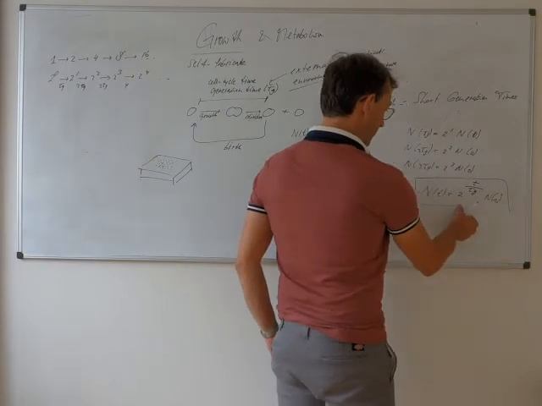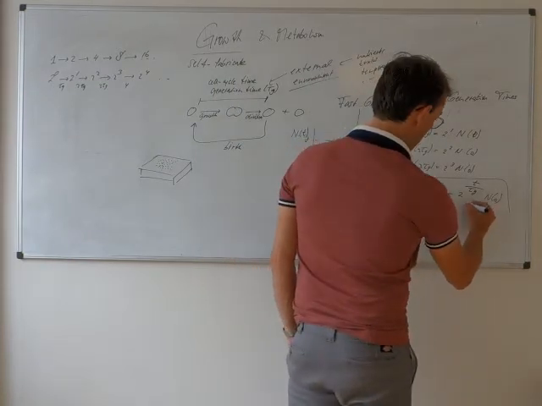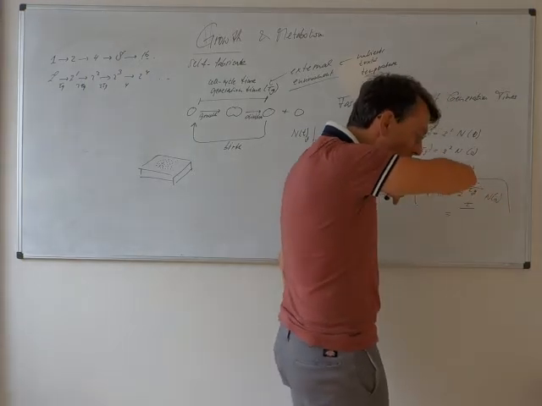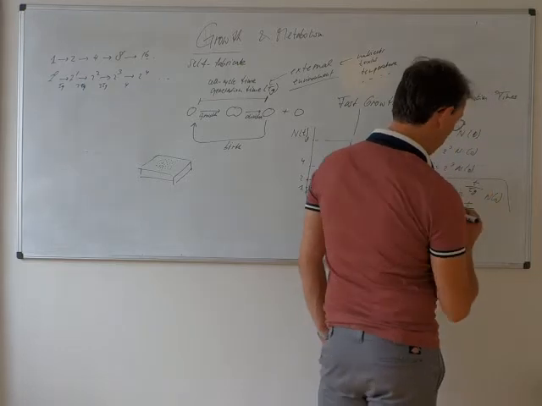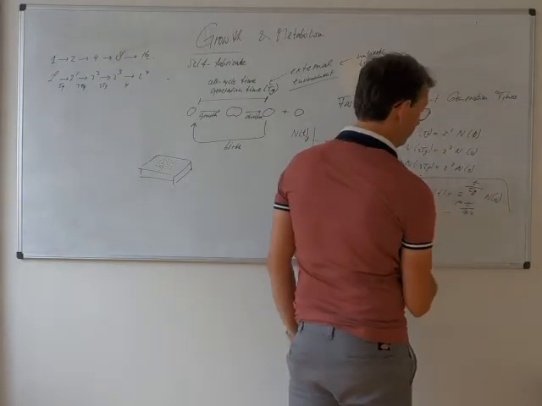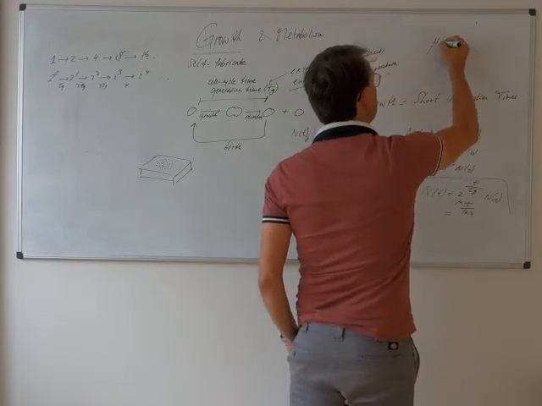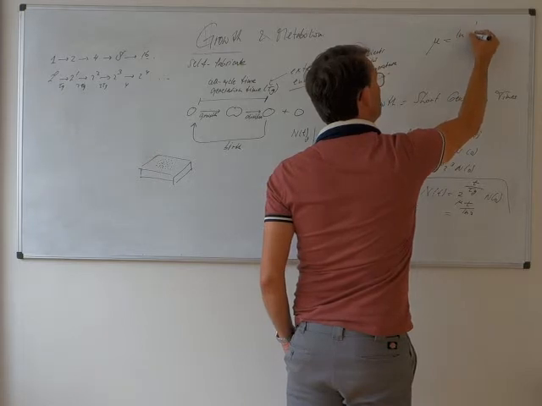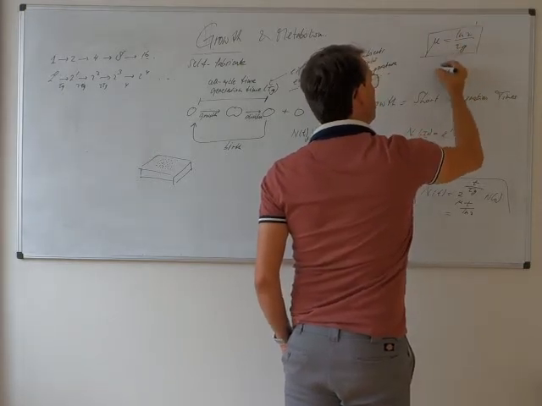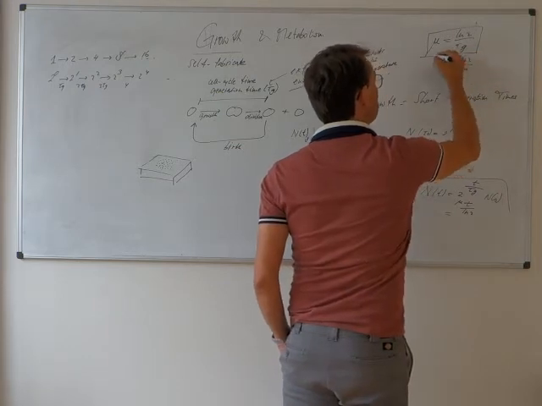Now, if you remember your mathematics, if we define the growth rate, so let's say we define the growth rate mu as ln2 divided by the generation time. If we do that, then the generation time would be ln2 divided by the growth rate.